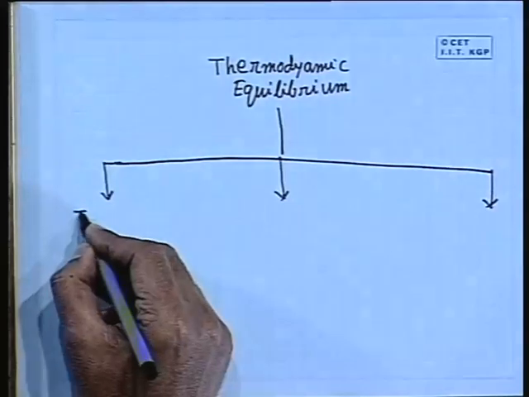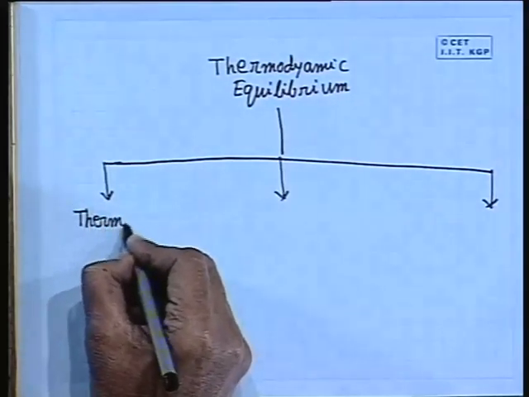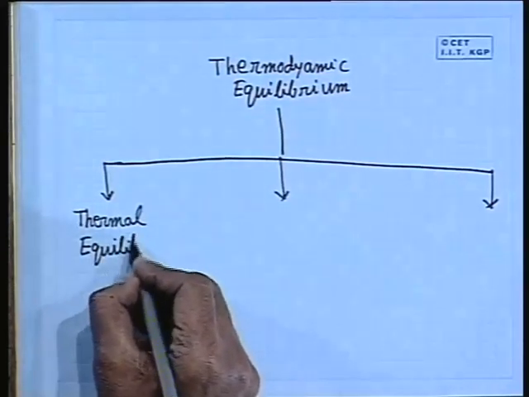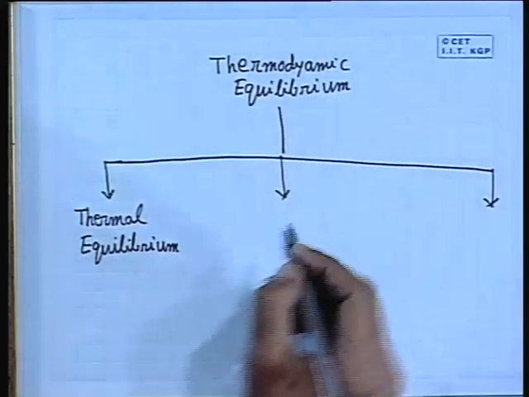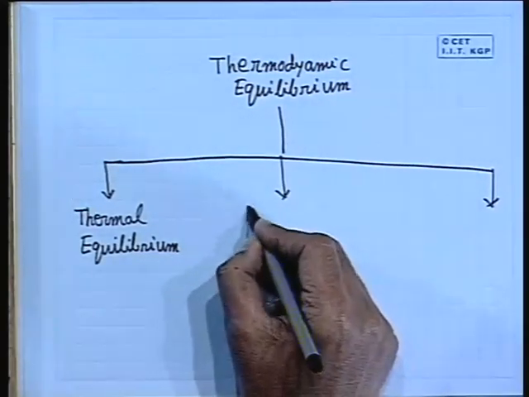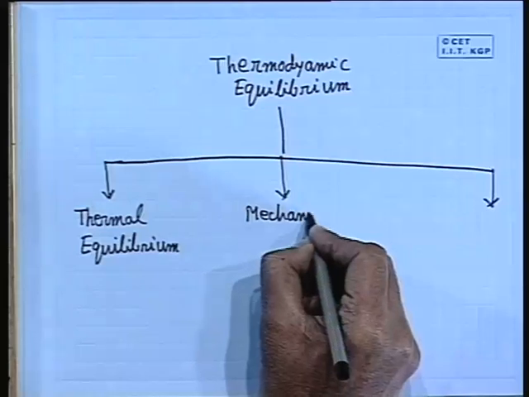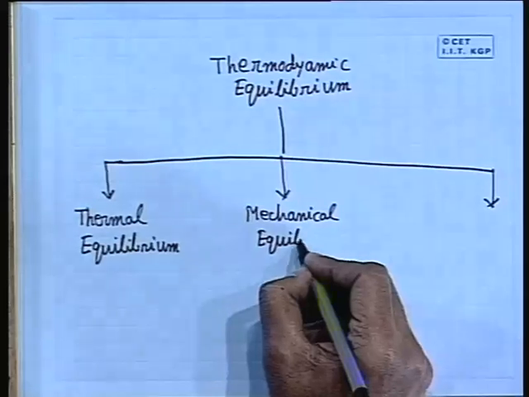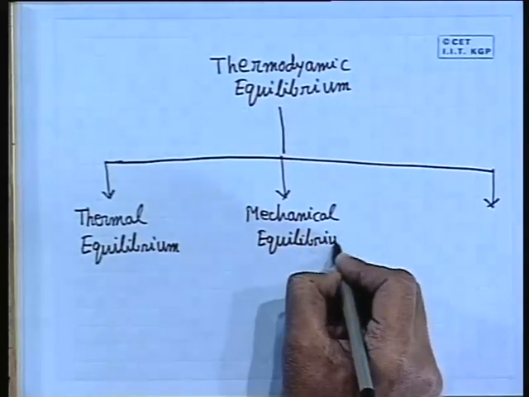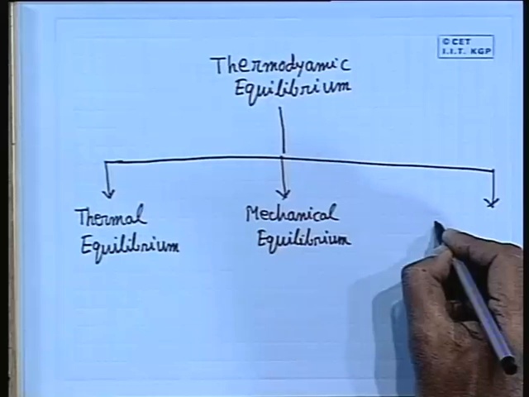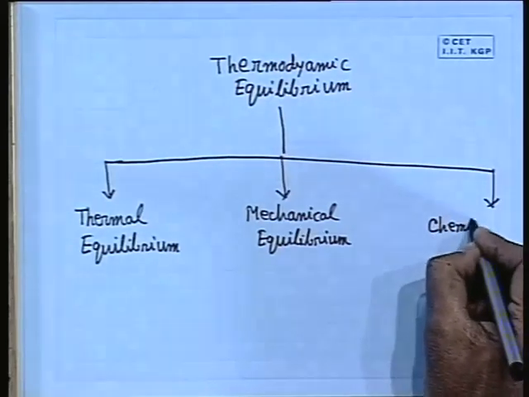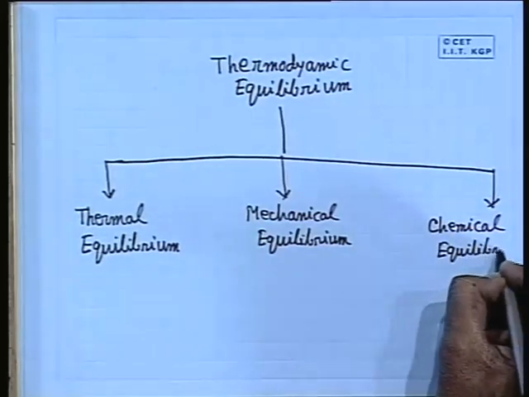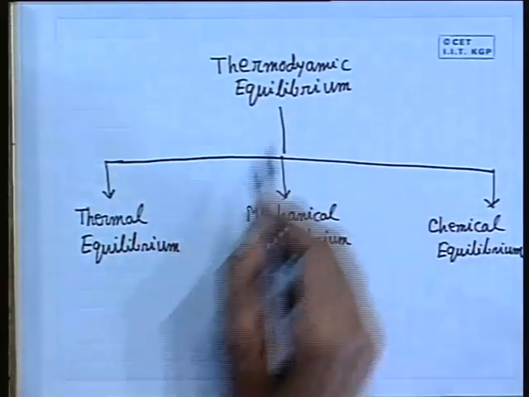One is thermal equilibrium, another is mechanical equilibrium, and another is chemical equilibrium. These three equilibria have to be maintained simultaneously to have thermodynamic equilibrium.